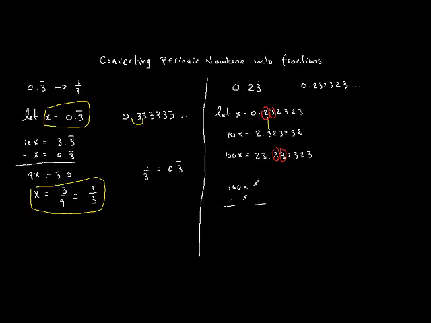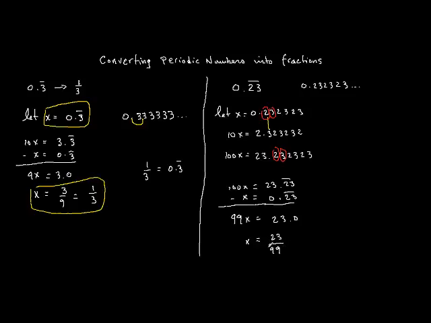We know that 100x is 23.23 repeating, and we know that x is equal to 0.23 repeating. So when I subtract, on the left-hand side I get 99x, and on the right-hand side I get 23.0. Dividing both sides by 99, I get x equals 23 over 99.